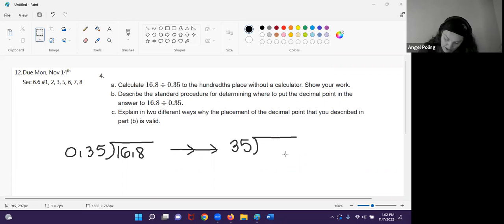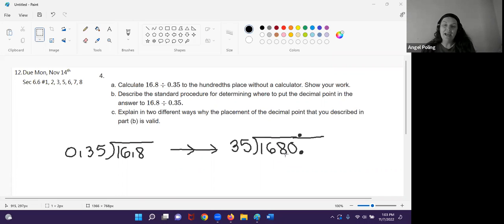I don't like to leave this notation, but it helps you see where you're going to put the 1, 6, 8, 0. And then the decimal place gets locked in right there, becomes part of the form. And we don't even acknowledge it ever again, right?